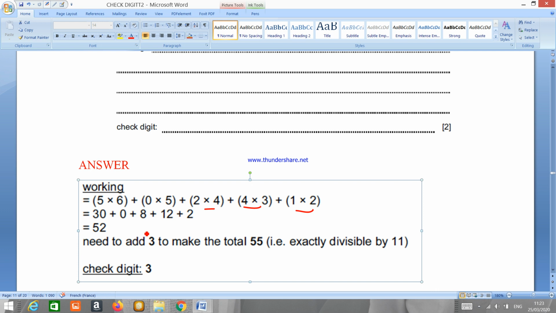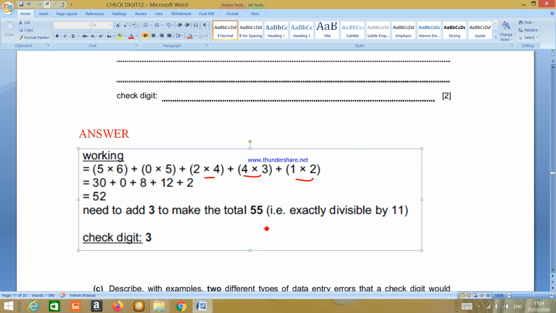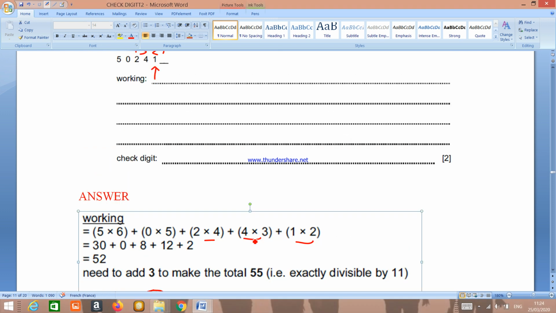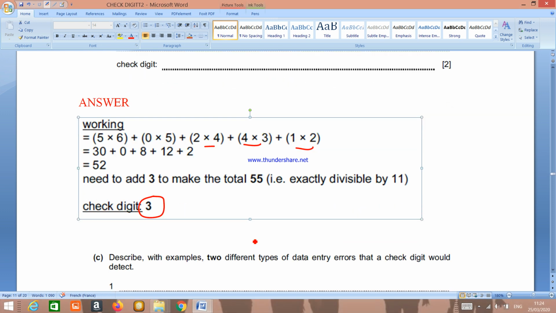Okay, and then you divide it by 11. Then you subtract the remainder from 11. You get the check digit as 3. Okay, 11 minus the remainder, you get 3. So 3 is the check digit. That's how you find it.